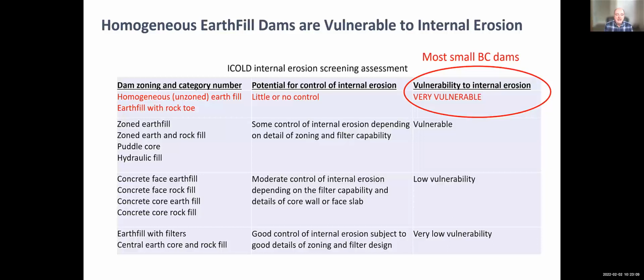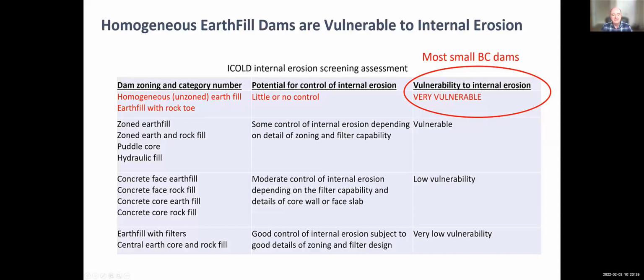So, there are guidelines, and here's one from the International Commission on Large Dams, a little guideline to say what type of failure mechanism might be common for different types of dams. And I am guessing that for the participants here today, most of you are probably dealing with a homogeneous, well, if it's homogeneous, it'll be an unzoned earth fill dam.